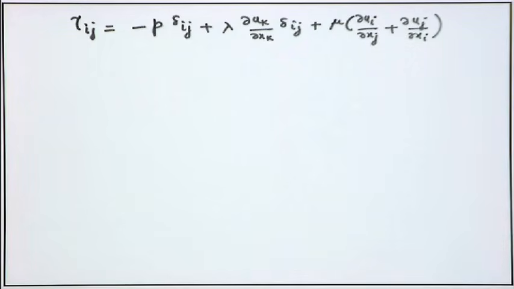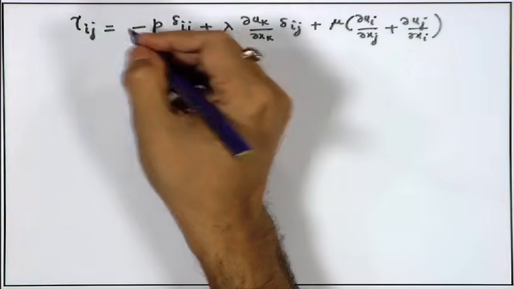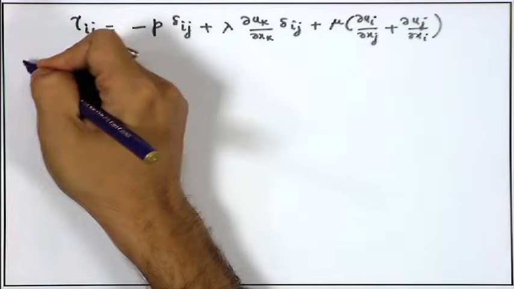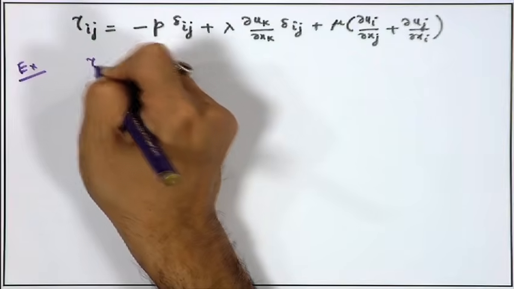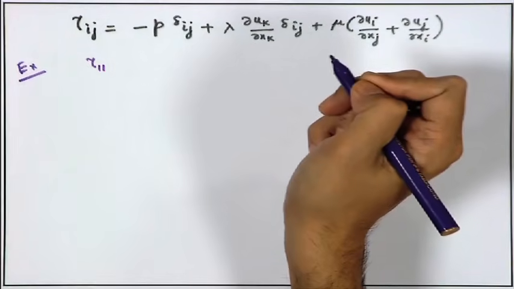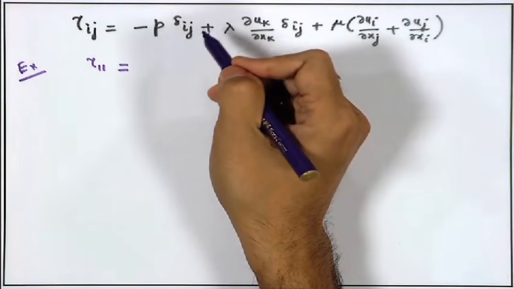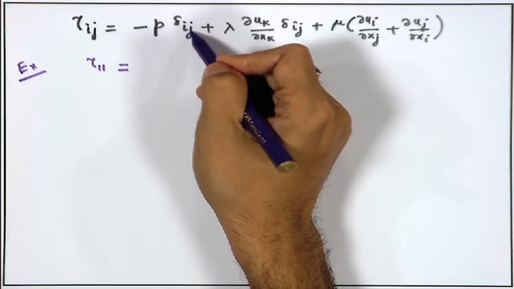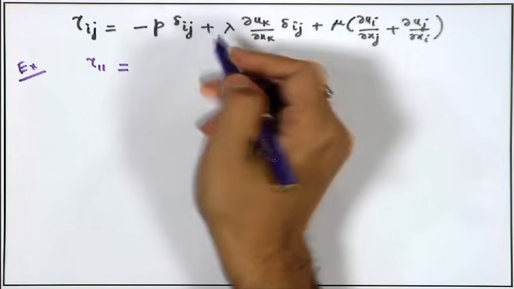Now very interesting is the normal stress. Take an example, tau 11. What is delta 11? Delta 11 is 1 because delta ij is 1 when i is equal to j.